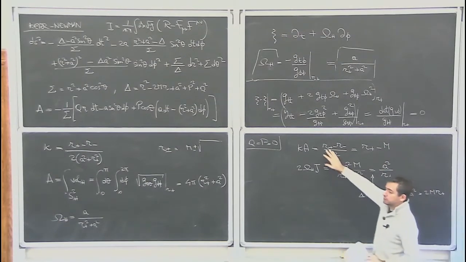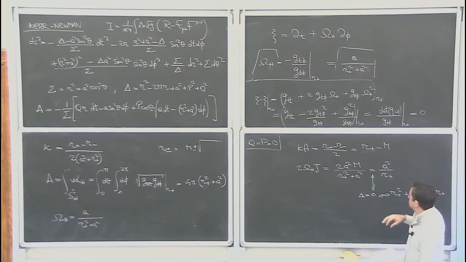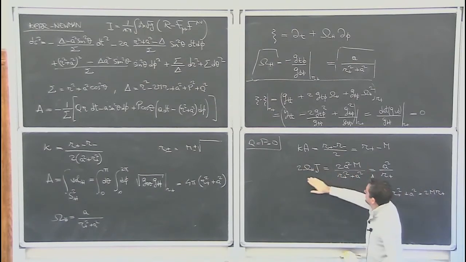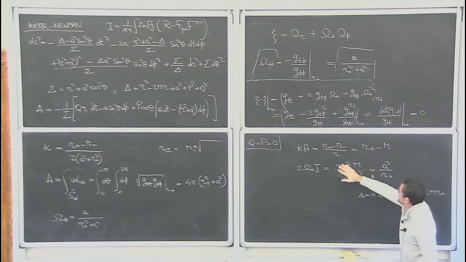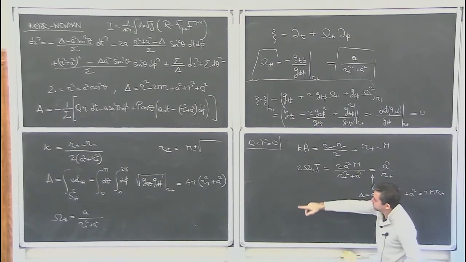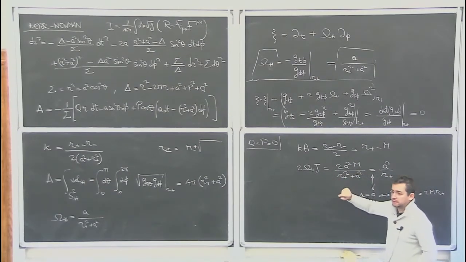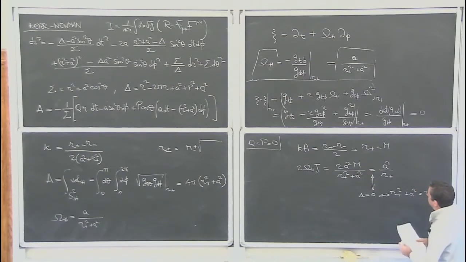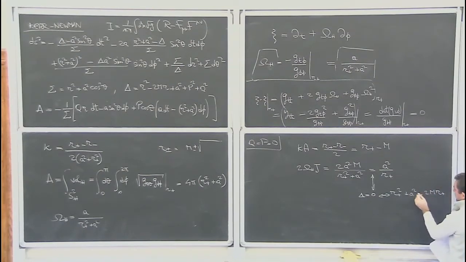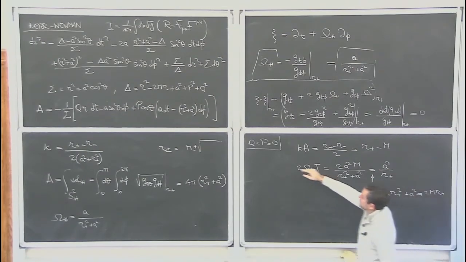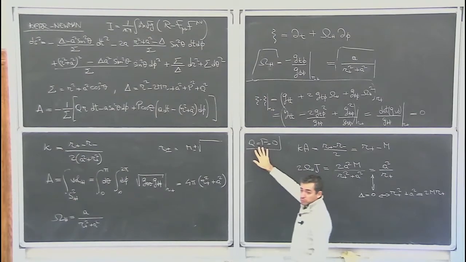So here I'm computing the ingredients that enter in the Smarr relation. We have kappa times A, we have omega times J. I'm just replacing the expression for omega and the fact that J is a times M. Then we manipulate this, recalling that at r equal r plus, delta is 0, so we can use the fact that r squared plus a squared is 2m r plus. This comes from the definition of delta when I set q equal p equal 0.